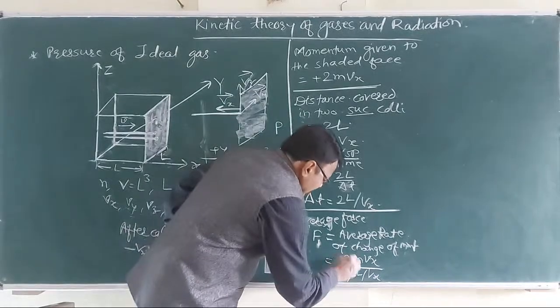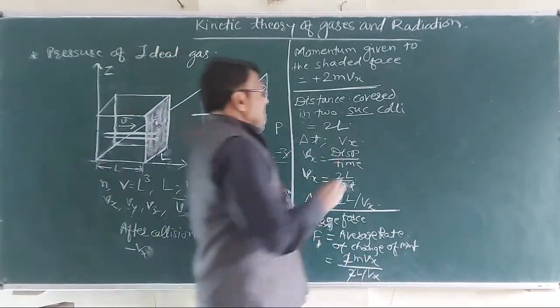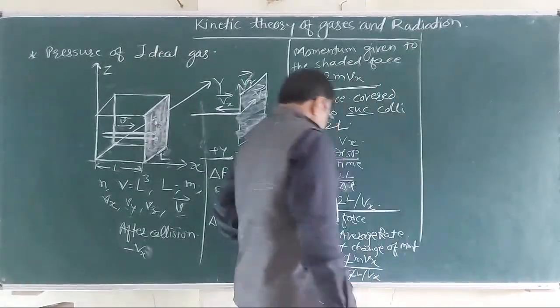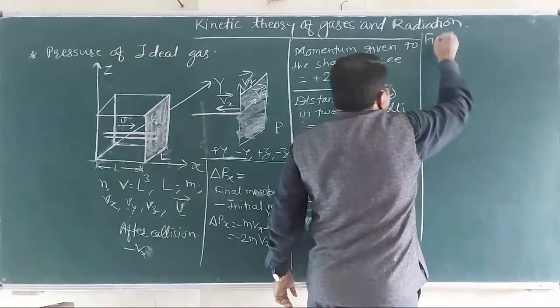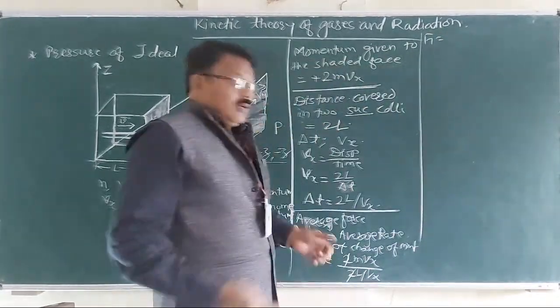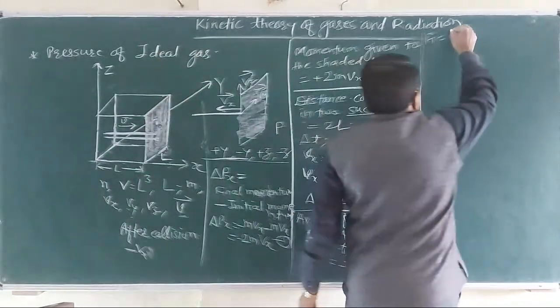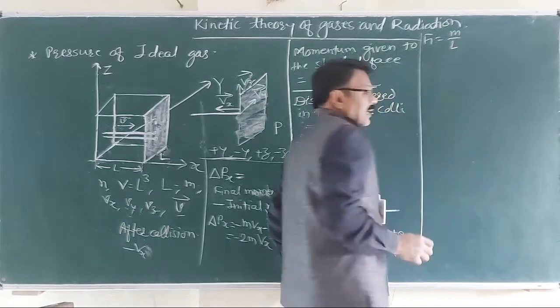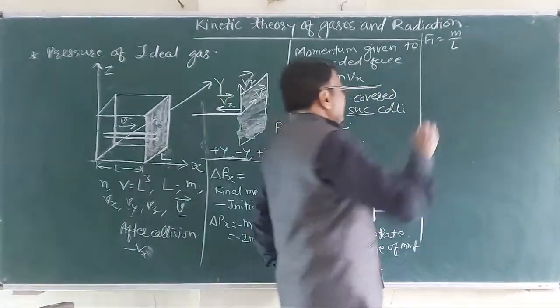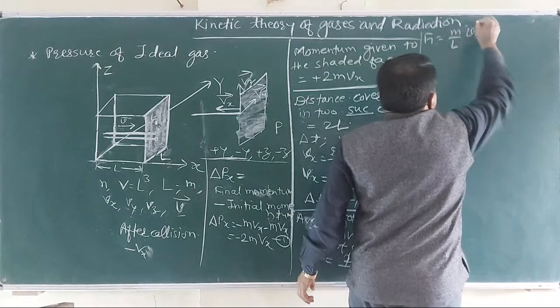Now by cancelling the 2, we get the force exerted by the first molecule, in terms of the x component of velocity, equal to m by l into Vx square.